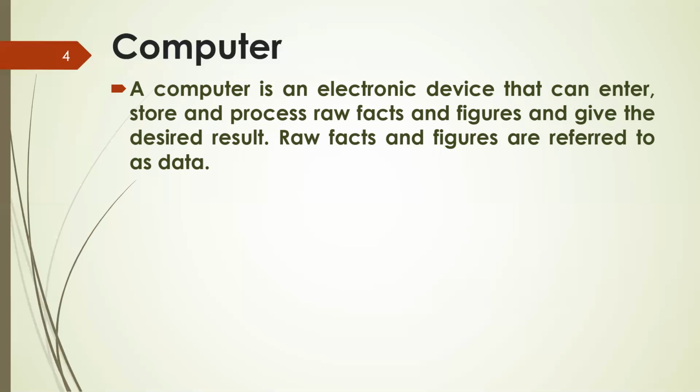And for designing purposes too, whatever you give as input is all called data, which will enter the system, be stored, be processed, and then output will be given after processing. So it is an electronic device that can store, process raw facts and figures and give the desired result.